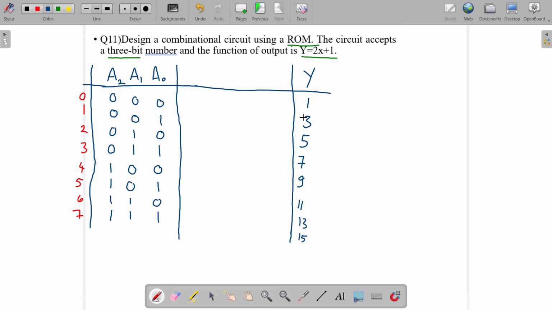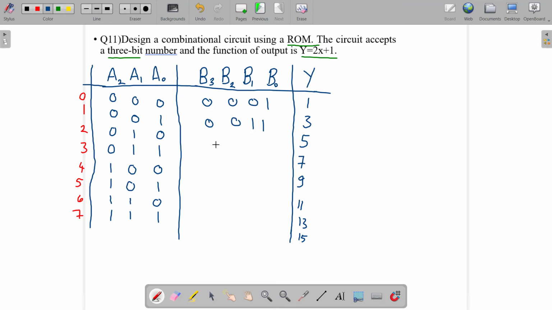Okay, now how we can produce this one? How many bits do we need to produce this y? We look at the maximum number 15. Using the 4-bit we can see that we can design the 15. So we say that we use the 4 bits in the output. So 1 represented in this form using 4-bit, 3 represented in this form.